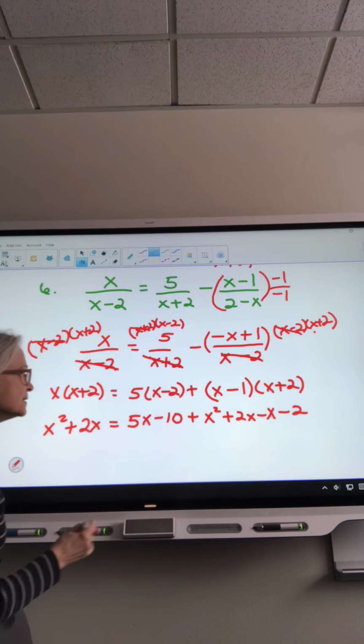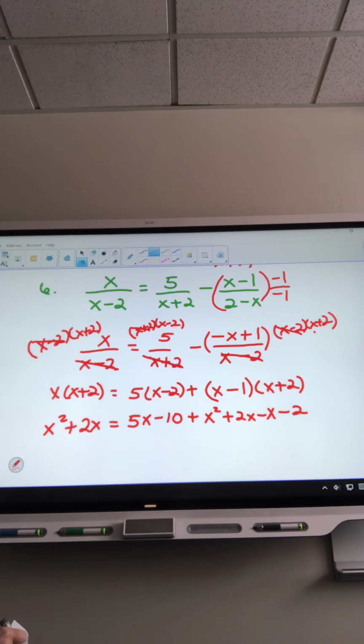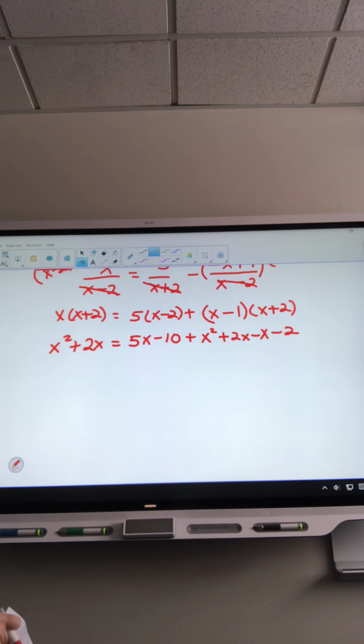I could combine some like terms on the right. There's a lot of terms there. So we've got 5x plus 2x minus x. So if we add those three together, we get 6x.